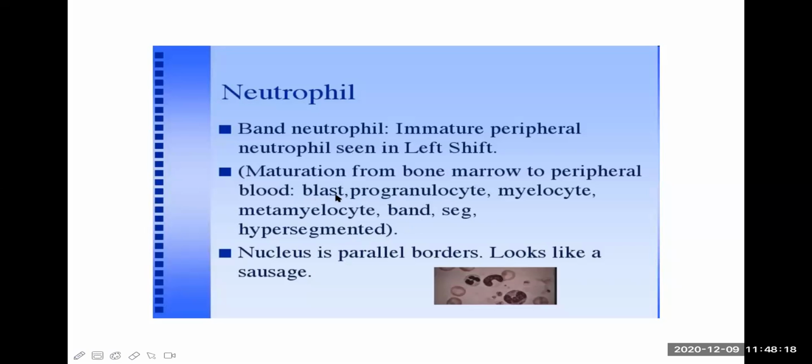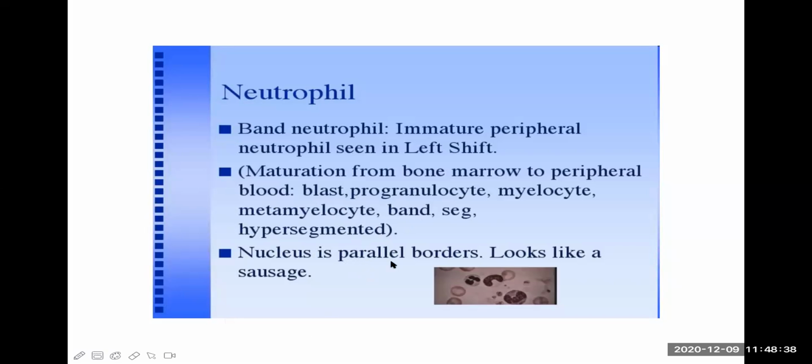They are in increased percentage, either lymphoblast or myeloblast, according to the situation. Right now we are talking about neutrophil, so neutrophil blast cells are increased in myeloblast leukemia, not in lymphoblast. I'm just explaining the meaning of blast there.